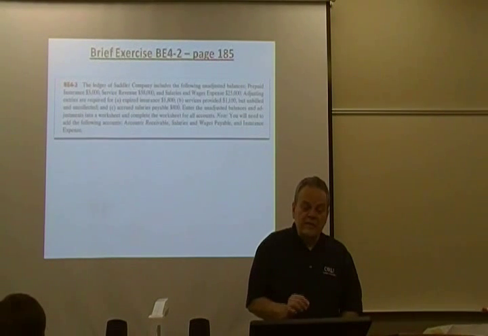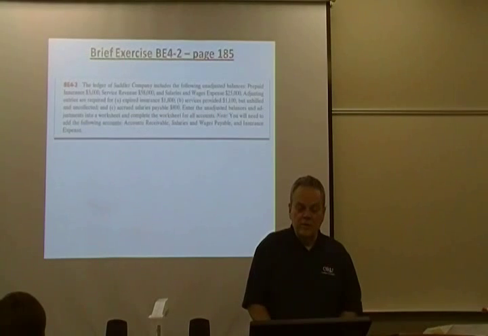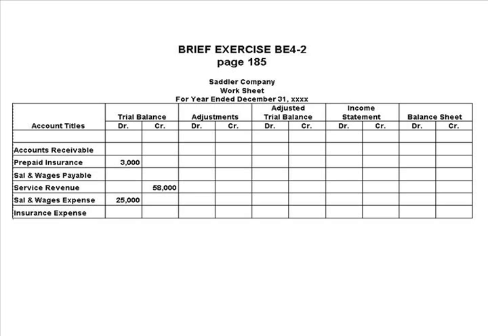And then make the adjustments, which we're going to do together, and complete the worksheet for all accounts. Note, the book says you'll need to add the following accounts, but in real life you won't need to add the following accounts because I did them for you. Accounts receivable, salaries and wages payable, and insurance expense. You also found on your list in the handout, yes or no?